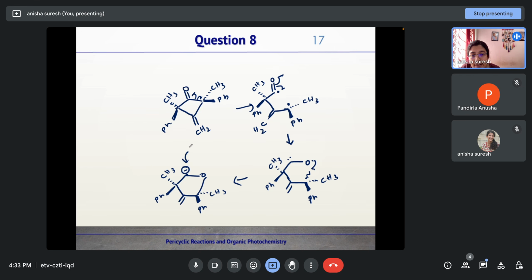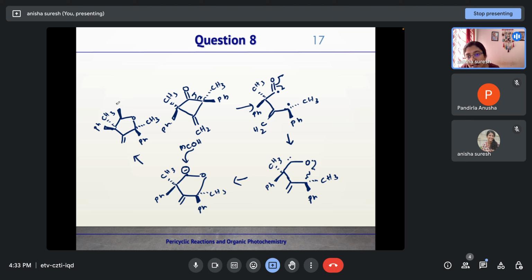So this will get quenched by methanol, Ph, CH3, double bond. This methanol can attack from alpha or beta face.